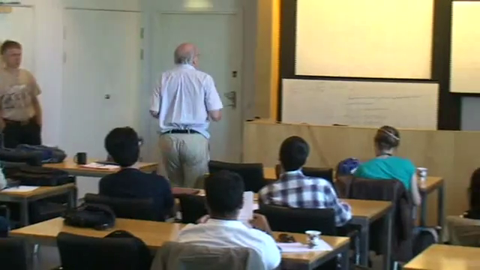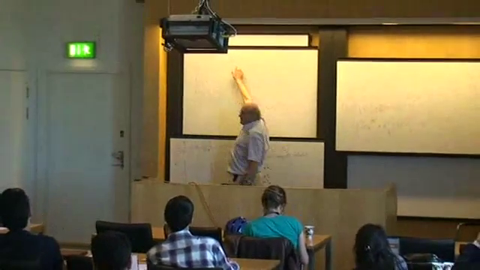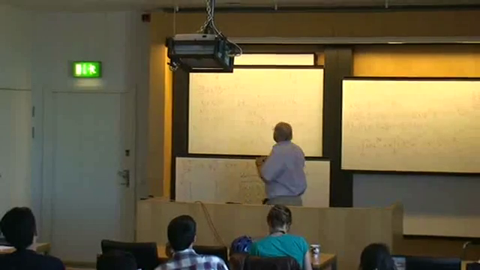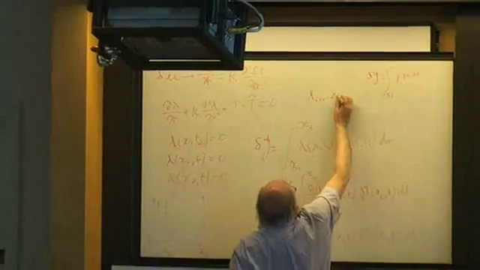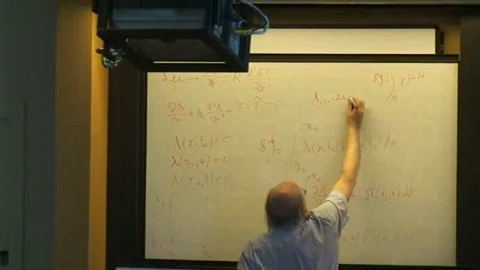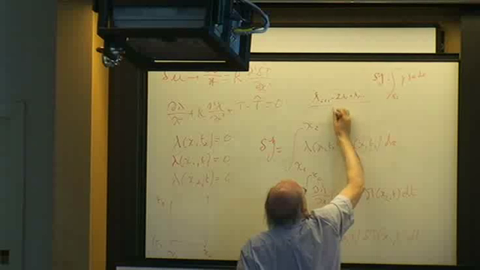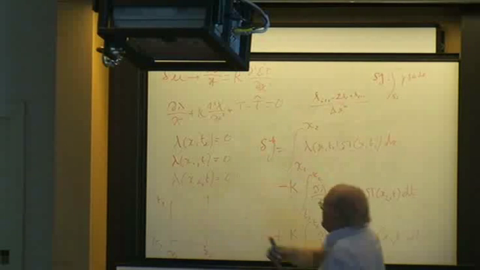In the discretized equation, we'll have a finite differential scheme for that, which will be typically something like lambda at point I plus 1 minus 2 lambda at point I plus lambda at point I minus 1, over delta x squared, where delta x is the distance between two neighboring points.